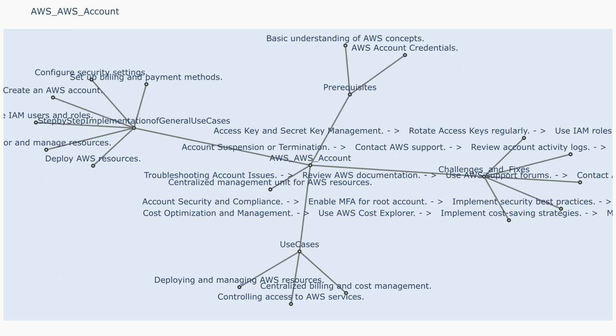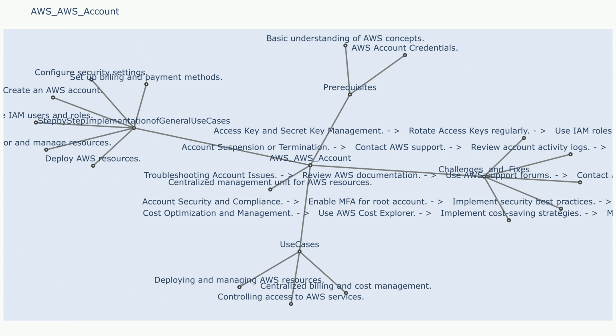Troubleshooting account issues. Review AWS documentation. Consult AWS documentation for detailed information and troubleshooting guides. Use AWS support forums. Seek help from the AWS support community for assistance with specific account problems. Contact AWS support.